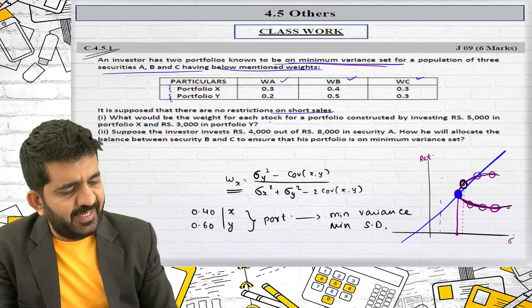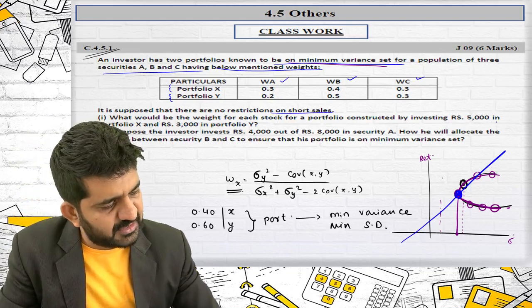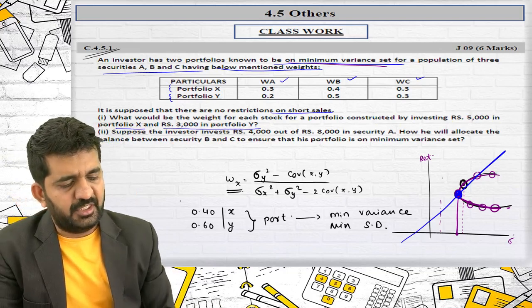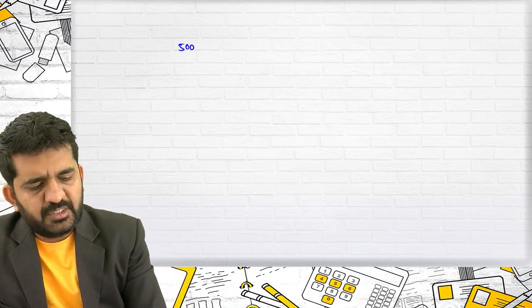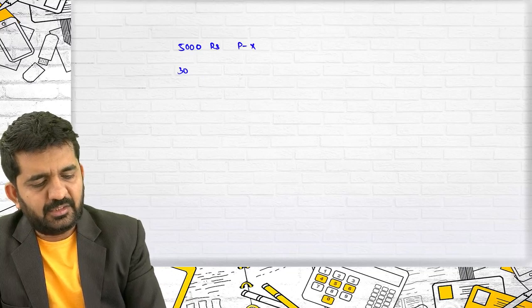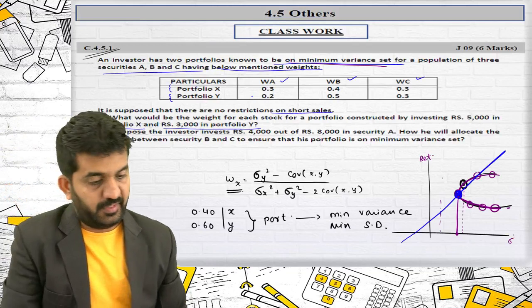What would be the weight of each stock for a portfolio constructed by investing rupees 5,000 in portfolio X and rupees 3,000 in portfolio Y?